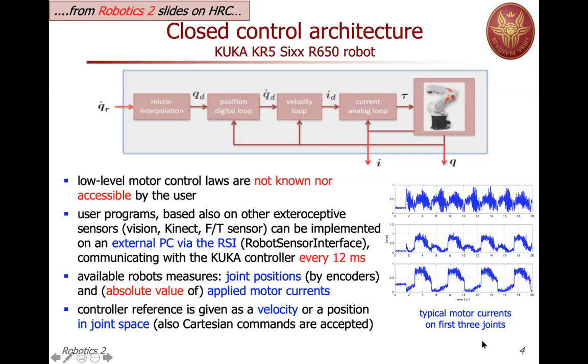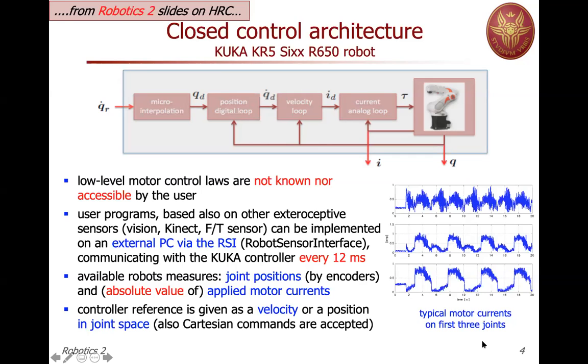Now, this q_d, where is it coming from? Is it coming from a command from the end user? So we can command a reference velocity, for instance. If we do this, there will be internally a micro interpolation. So we update q_R dot, let's say, every 12 milliseconds in our case, because this is the interface that the manufacturer provides to the generic user.